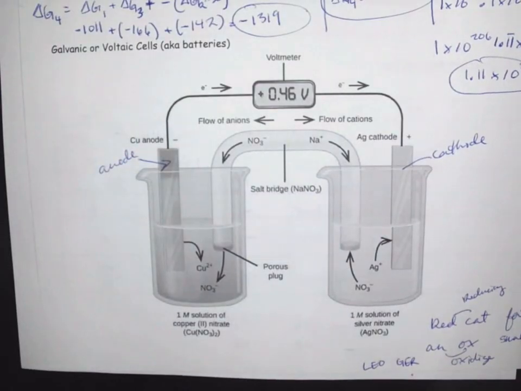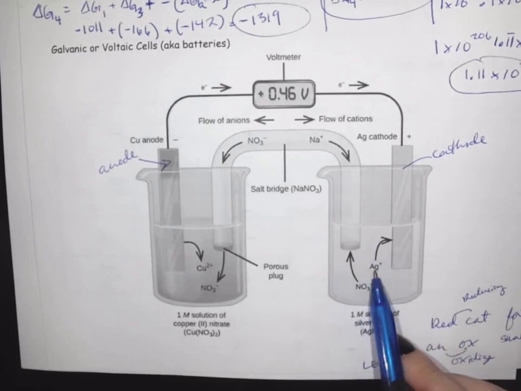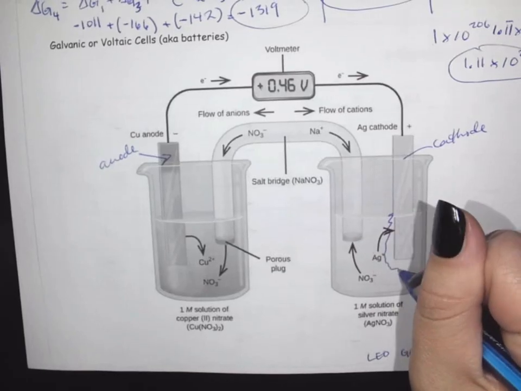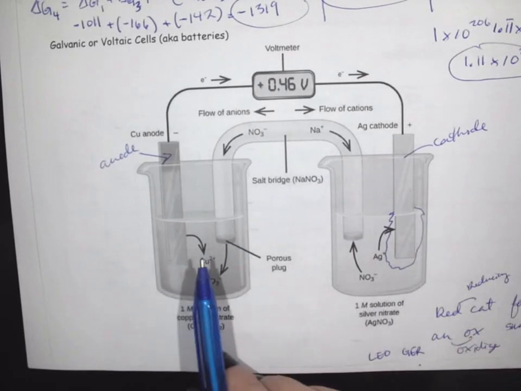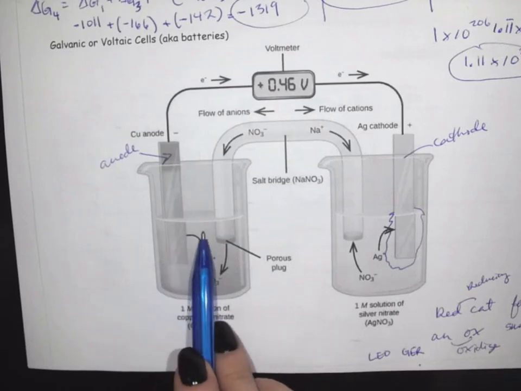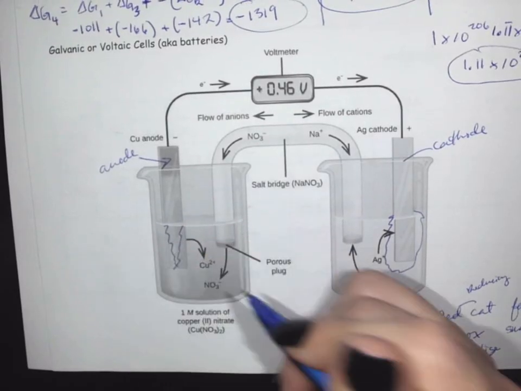With that cathode, see how silver ions in the solution are being added on to this? It's going to get thicker and bigger and fatter. Where the anode, the opposite's happening. Atoms from the solid are coming off into the liquid, so it's going to get smaller.